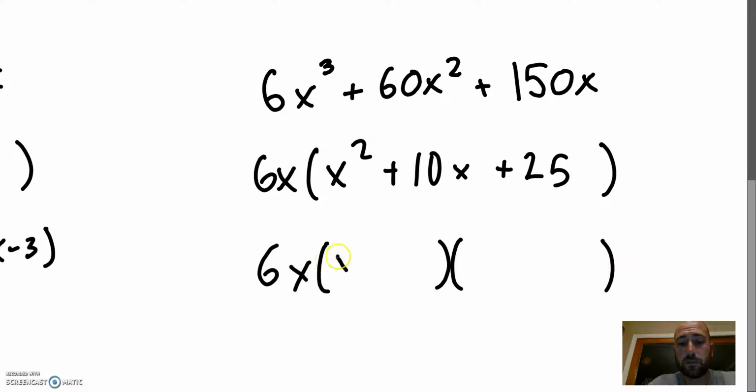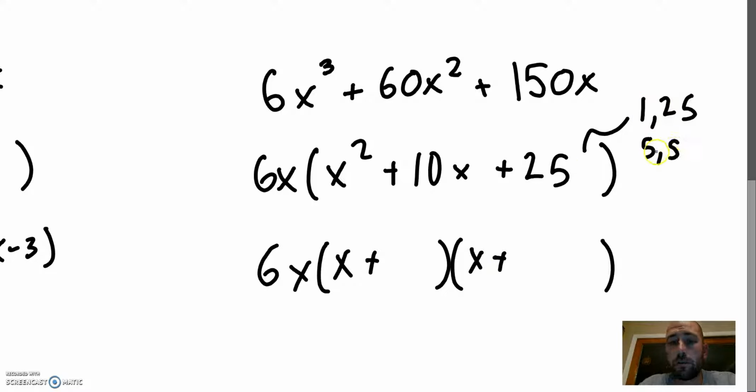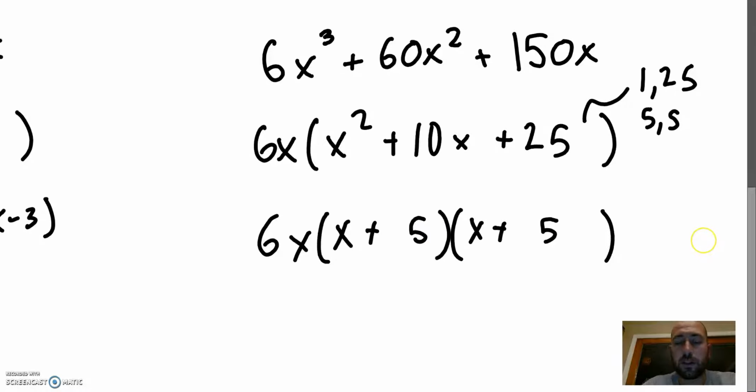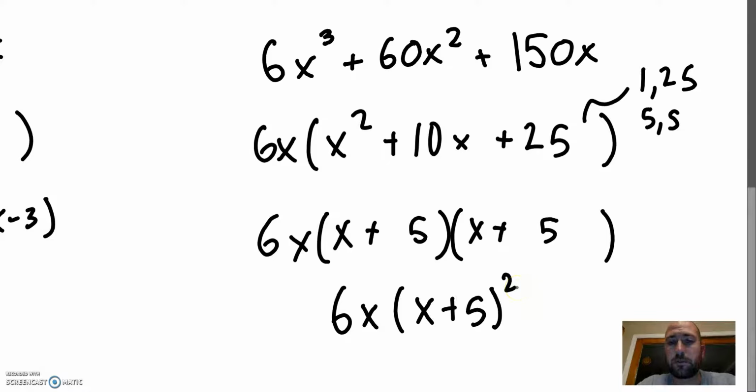Since it's a plus 10 as the middle term, both those signs are going to be positive. What are the factors of 25 that add up to 10? Well, we can see it's 5 and 5. And since I want to make this look cool, I'm going to write this as 6x times the quantity x plus 5 squared.